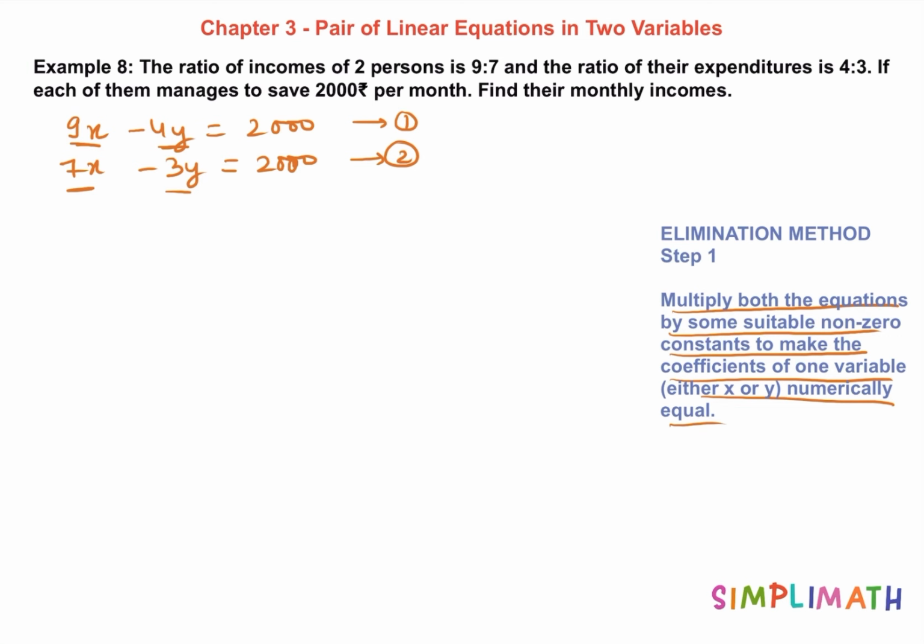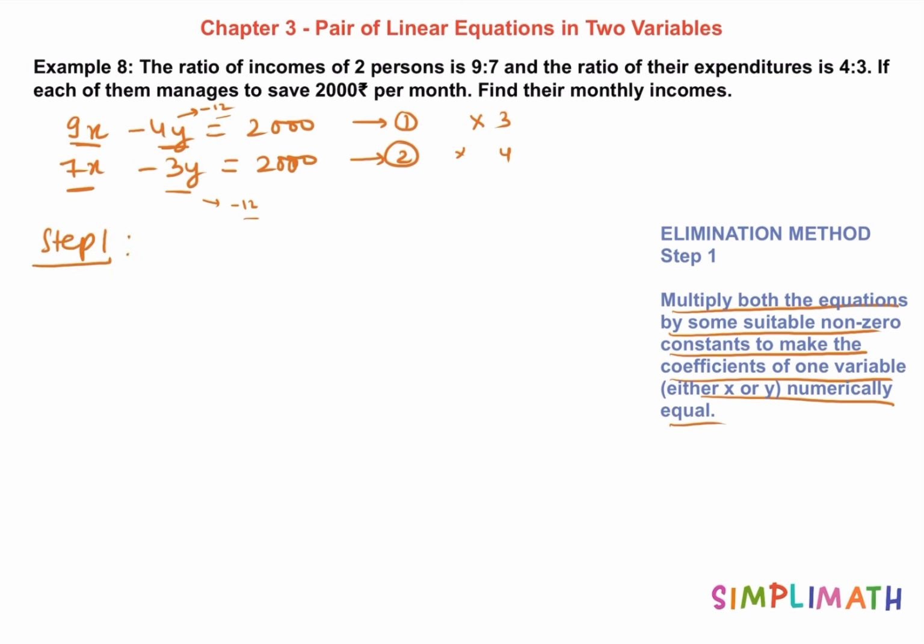So now if we note one thing, that if we multiply the first equation by 3, this becomes minus 12, and if we multiply equation 2 by 4, this becomes minus 12. So if we multiply equation 1 by 3 and equation 2 by 4, we get the coefficient of the variable y to be same. So now let us proceed with step 1.